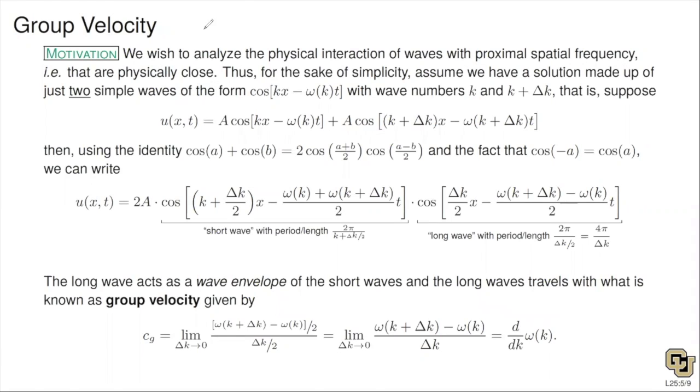This is a distance over time type of calculation. It's not exactly time. It's how much space has been covered over this period of delta k as the wave number changes. It's a velocity with reference to the changing wave number.